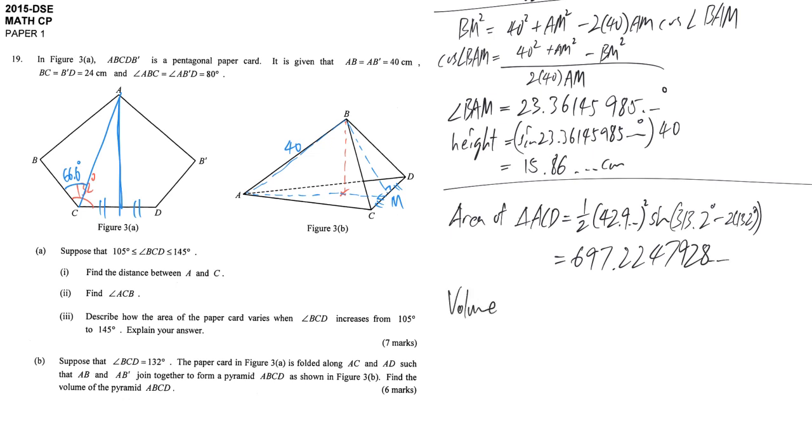Therefore, the volume is equal to 1 over 3 times 697.2247928, and then times the height that we got, 15.86 something something. Then we get 3690, correct to 3 significant figures.